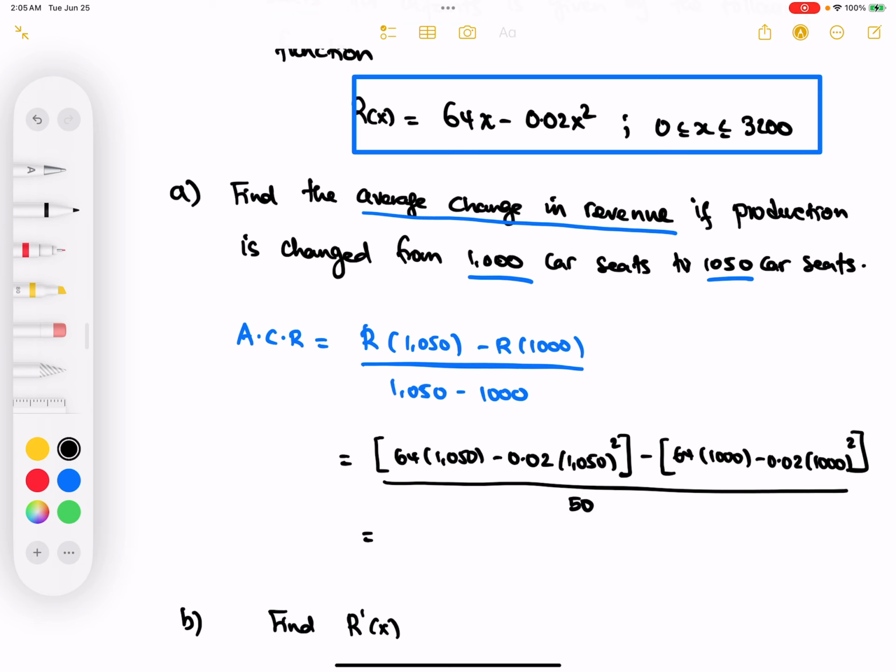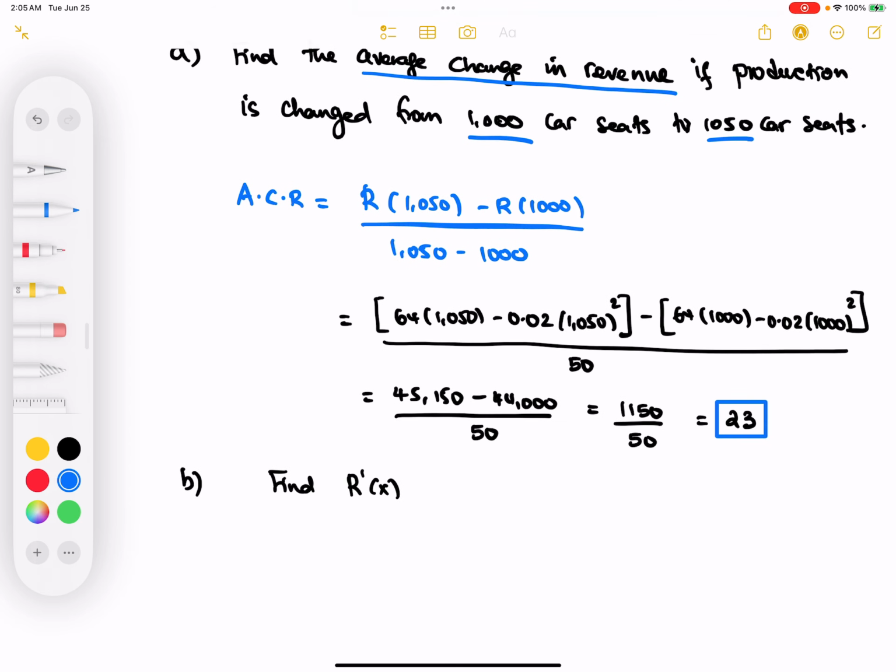So I use my calculator, and the first one, R at 1,050, is 45,150. At 1,000 it is 44,000, divided by 50. The difference on top becomes 1,150 divided by 50, and this becomes 23. This is 23. All right.